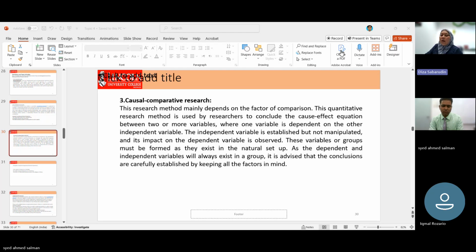So causal comparative research is a key approach in modern research, helping institutions understand complex relationships and inform policy planning and intervention strategies without the need for experimental manipulation.